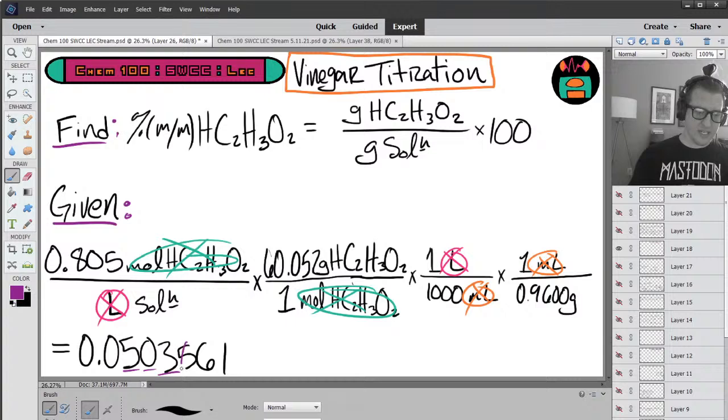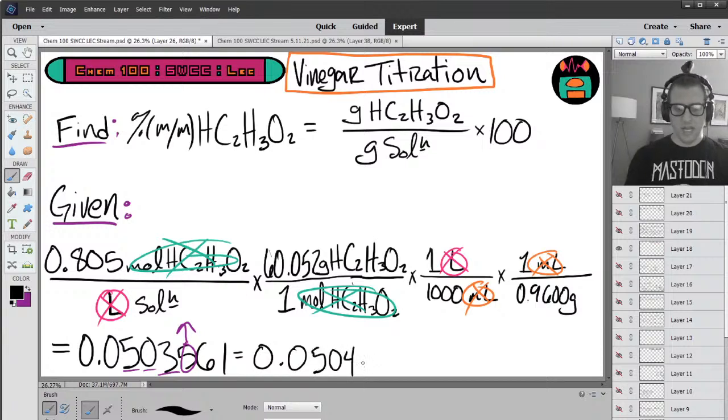You count off 3 sig figs, 5 rounds up. So this would be 0.0504.